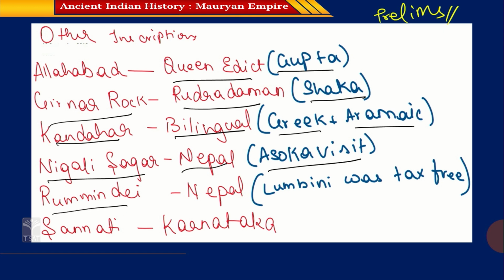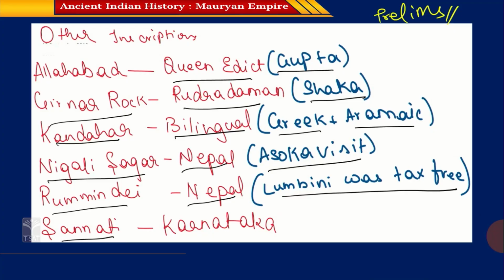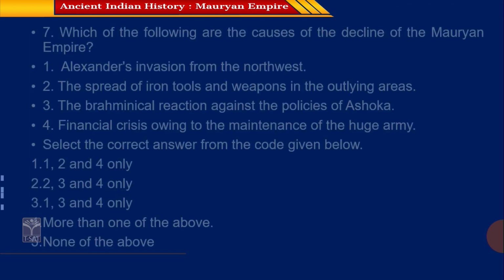Rummindei pillar inscription in Nepal talks about how Ashoka visited Lumbini and made Lumbini tax-free because Lumbini was the birthplace of Buddha. Also, Sannati inscription in Karnataka, given during the Mauryan period, gives a lot of information about the Mauryan kings.